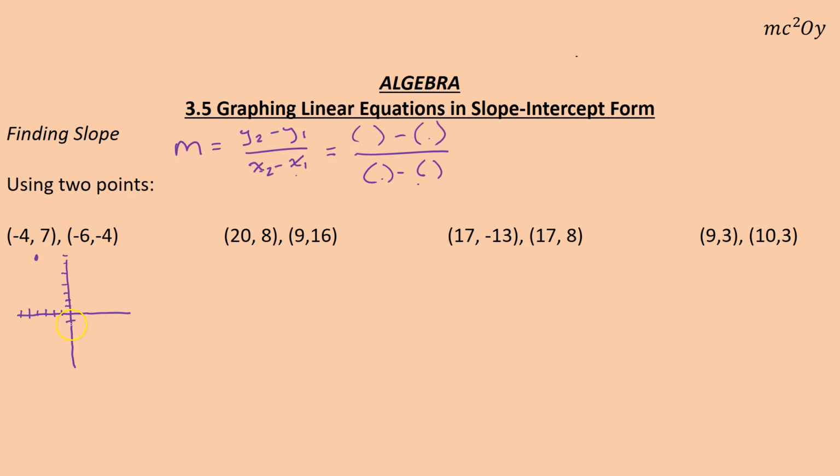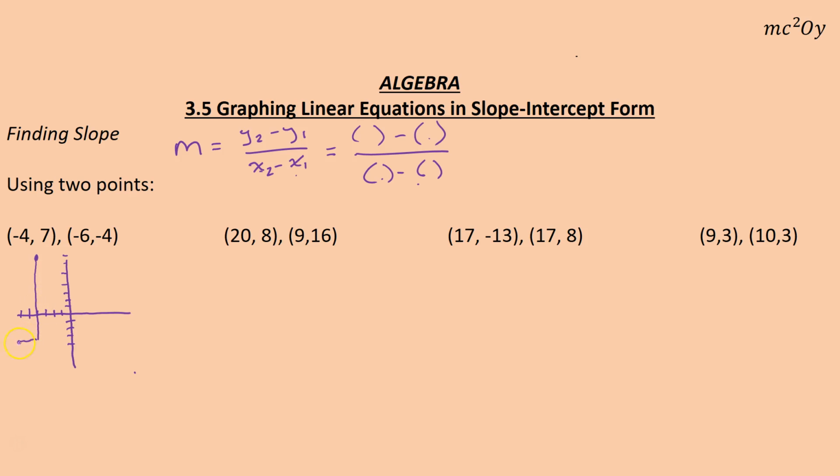Negative 6, and 1, 2, 3, 4. All right. And so what this is saying is, how much does your x value change in this direction?